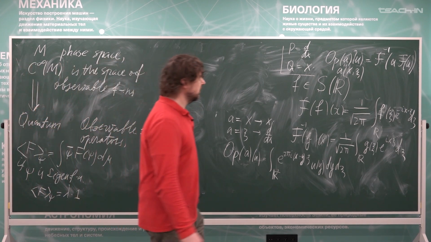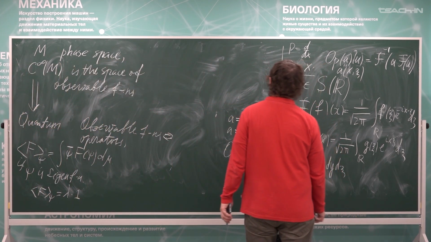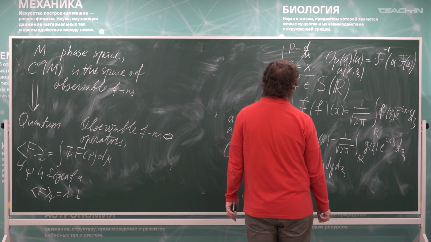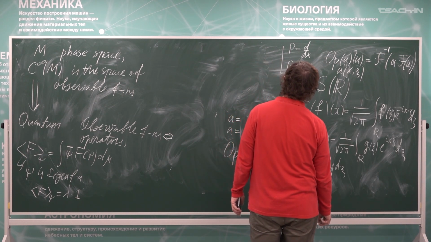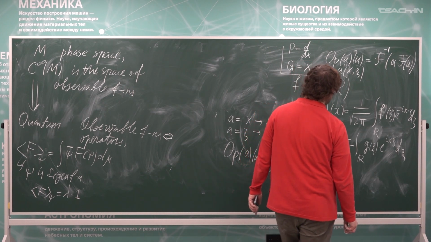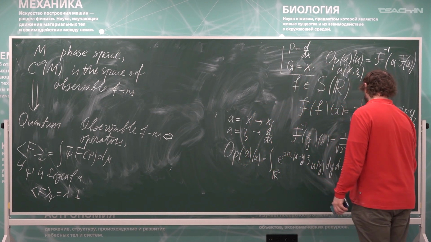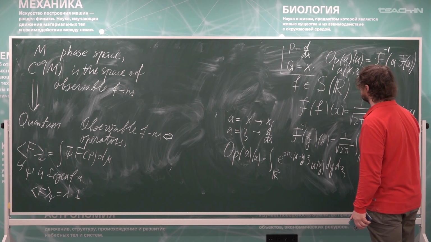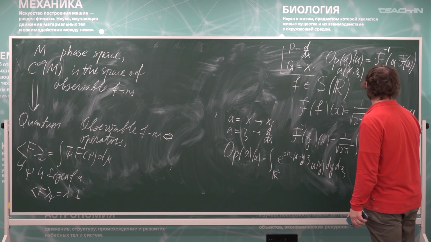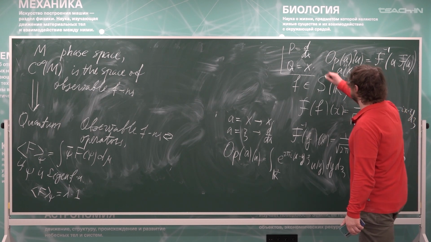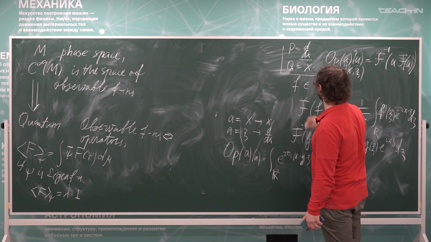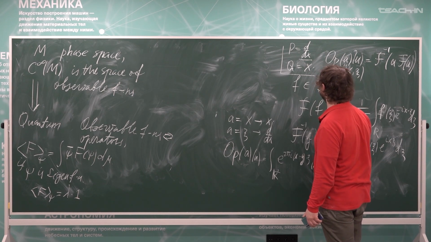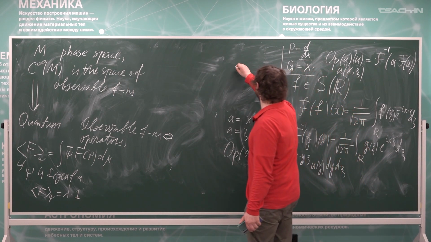However, one can check that it's not always true that in this formula real valued functions turn into self-adjoint operators. Well, this is not a good example, of course, because even though this is not self-adjoint, in fact this is easy to amend.